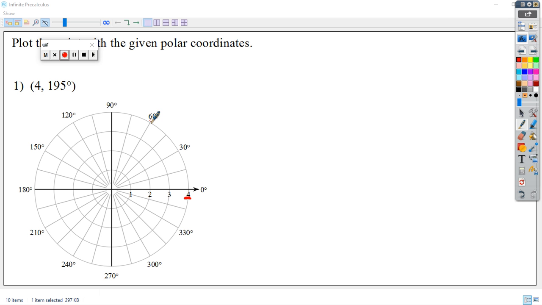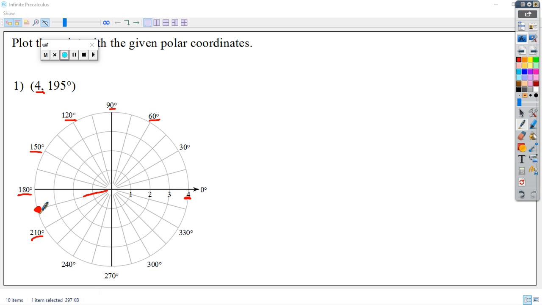If I go around, I see 60, keep looking, 180, 210, okay? I don't see 195, but I see 180, and I see 210, and 195 is between those. So this line right here is my 195 line. This is the line I'm on, and because I'm at a radius of 4, and 4 is the outermost, my point is right there. That would be my coordinate point.